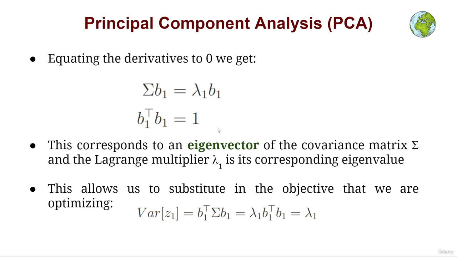So here remember that an eigenvector is a non-zero vector that changes at most by a scalar factor when a linear transformation is applied to it. And the corresponding eigenvalue, often denoted with lambda, is the factor by which the eigenvector is scaled.